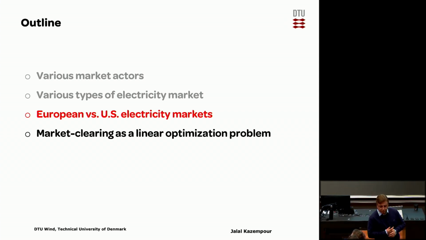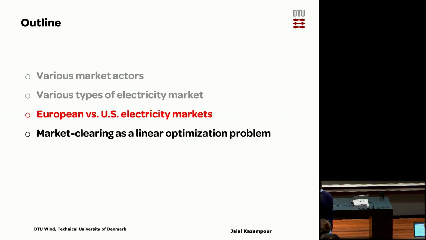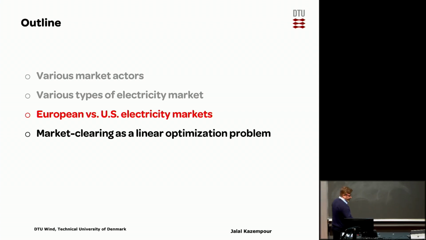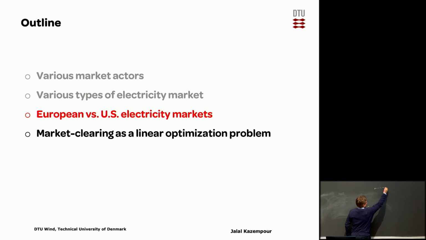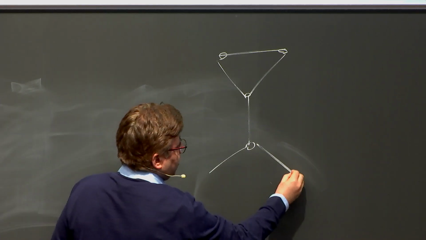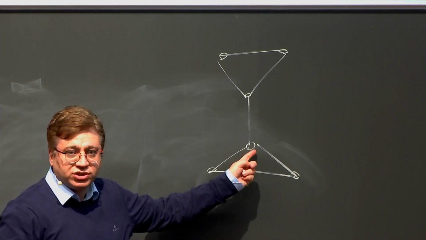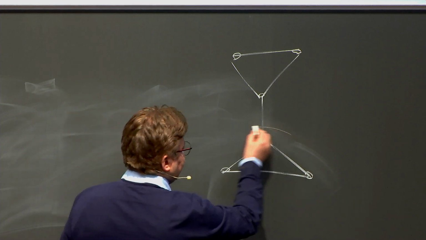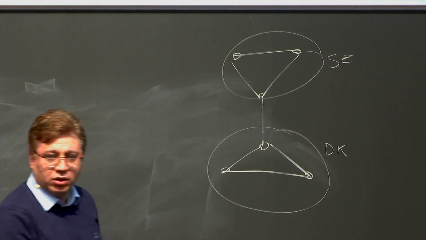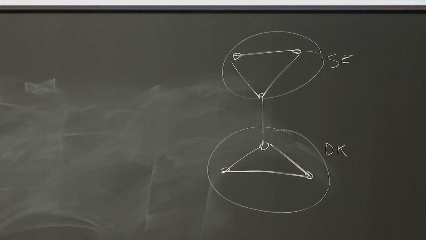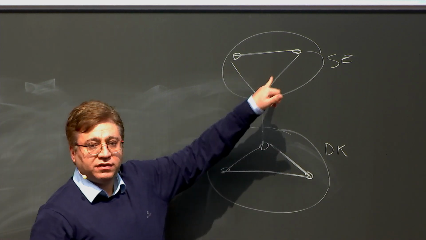Yes? In Europe there is a zonal representation of the system. So for example, again it will be discussed further next lecture, but say we have a network of 6 nodes. Each of them is a transmission bus bar. Imagine that this is Denmark and this is Sweden. When you clear the market in US, you model every transmission line between the 6 nodes.